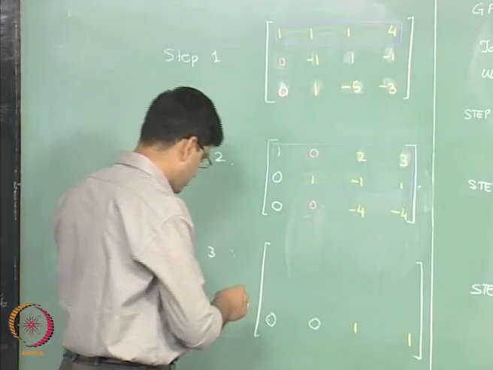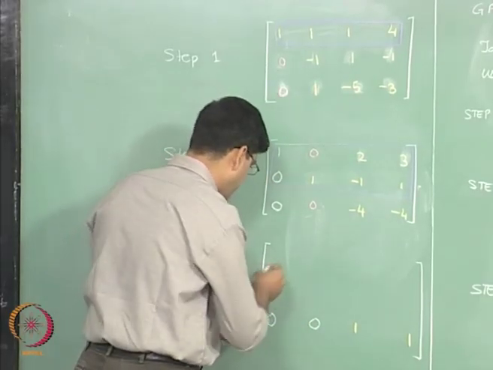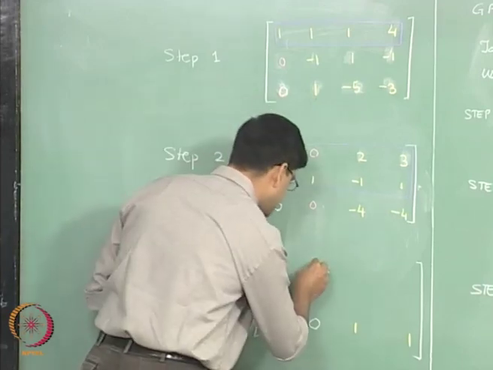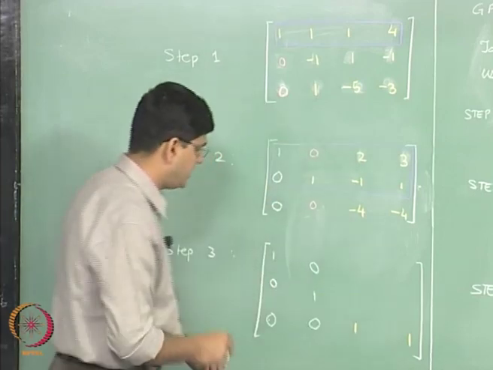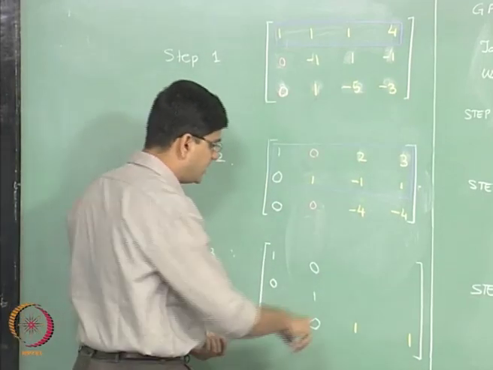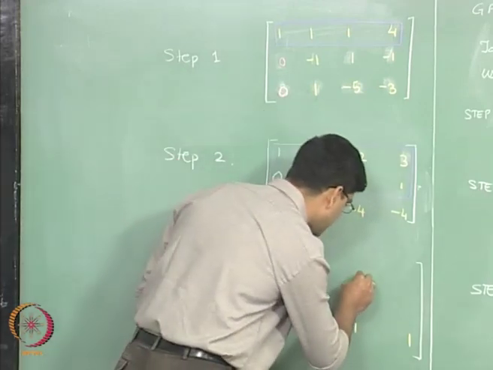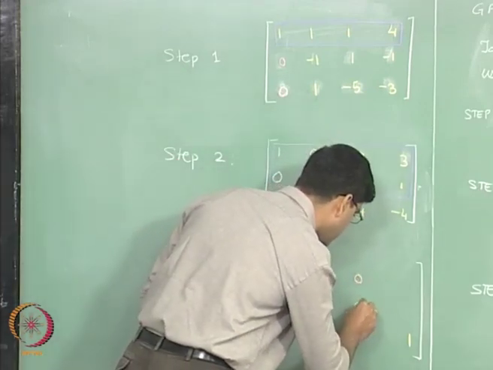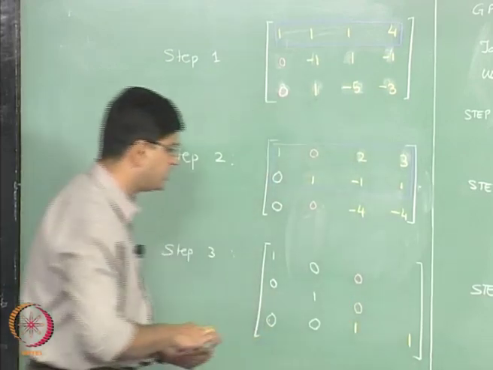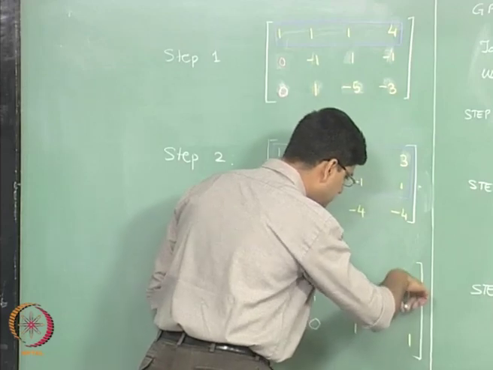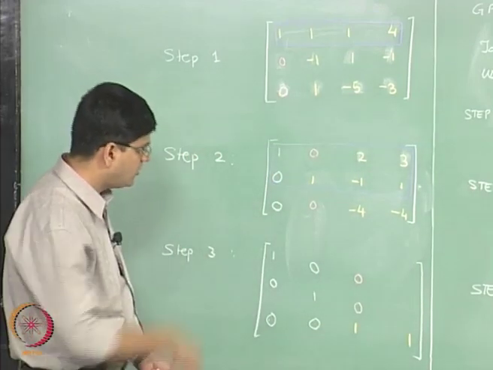So what change will that make? This 1 and 0 remain as they are, this 0 and 1 remain as they are. We know that these two elements are being made 0, so we are not going to do explicit computations here. We are putting this in red chalk, and the only things that are going to change are these two elements over here.